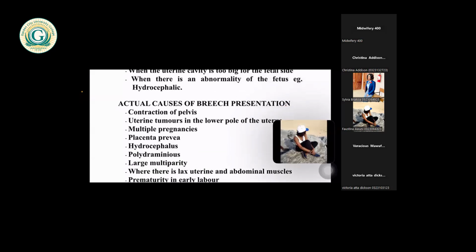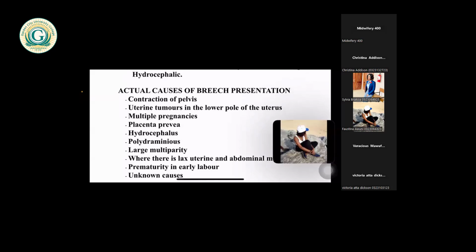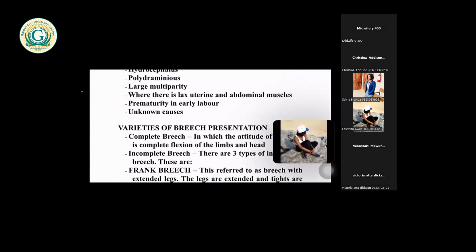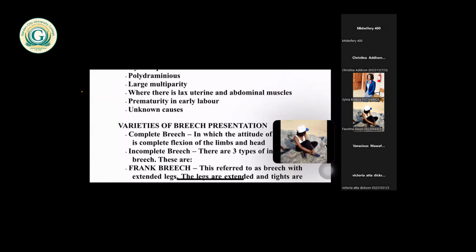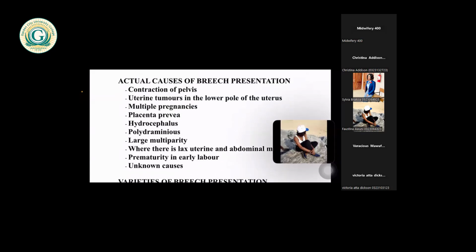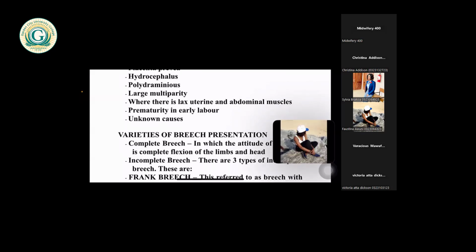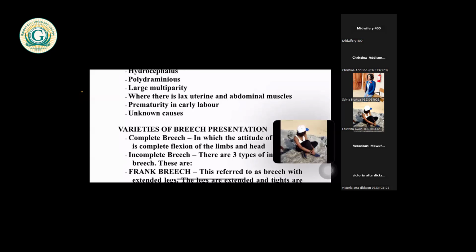And uterine tumors in the lower part of the uterus, multiple pregnancies, placenta previa, hydrocephalus, polyhydramnios, grand multiparity where there is lax uterine and abdominal muscles, prematurity in early labor, and unknown causes. I think with the causes, we've explained some earlier, so there wouldn't be any need for the explanation again.